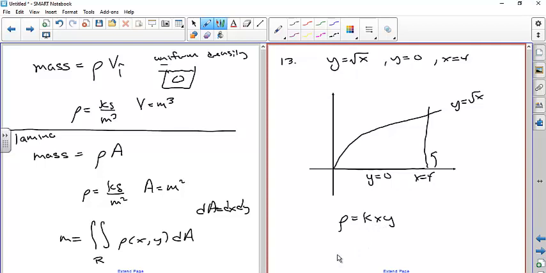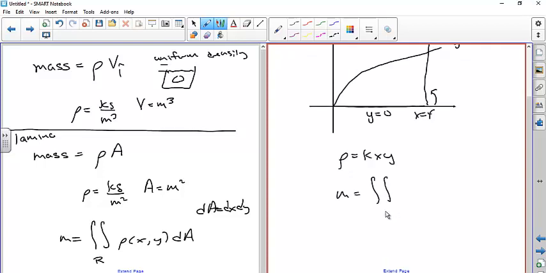So the mass is equal to the integral. It's a double integral. The region goes from x equals 0 to x equals 4. We're basing this on a vertical rectangle. The extent of this rectangle defines the x limits.